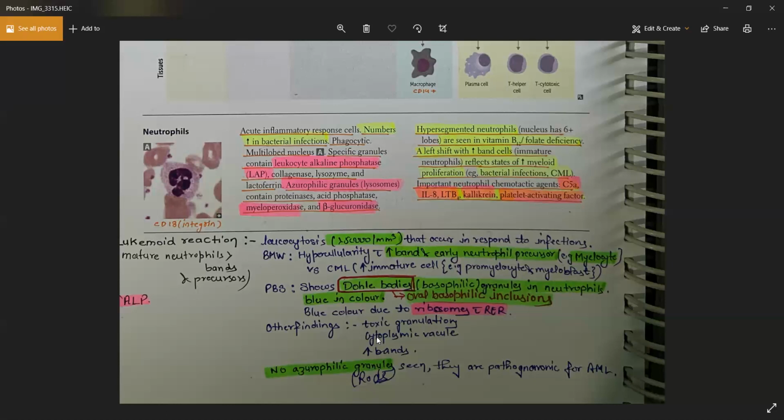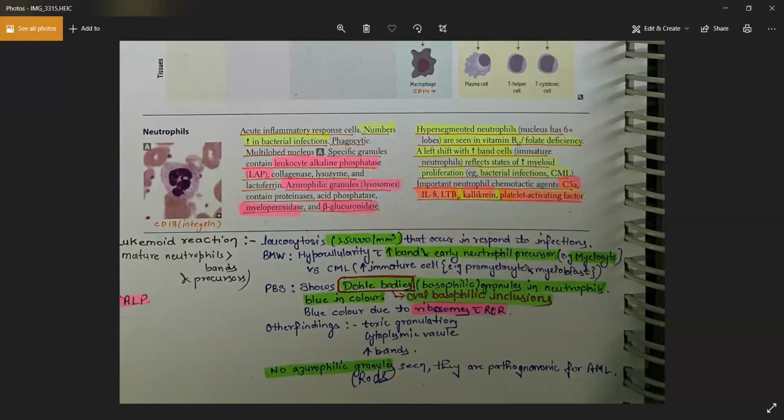Sometimes they will show you a picture of PBS in which the neutrophils will have some kind of vacuoles, the empty spaces. So don't get confused. It is just because of the infection. You will have the increased band forms, the cytoplasmic vacuoles, the toxic granules, and you will have the Dohle bodies.